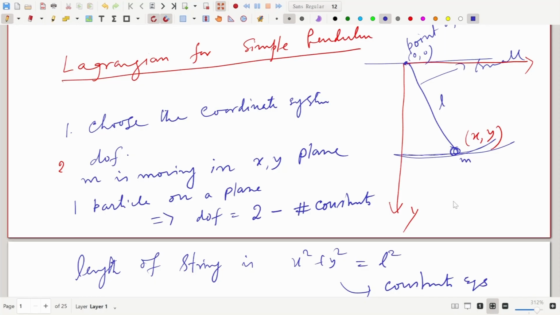Now, an important point is that potential energy you have to define with respect to some point. So, where will we consider the potential energy 0? So, let us assume that the potential energy is 0 at this surface.